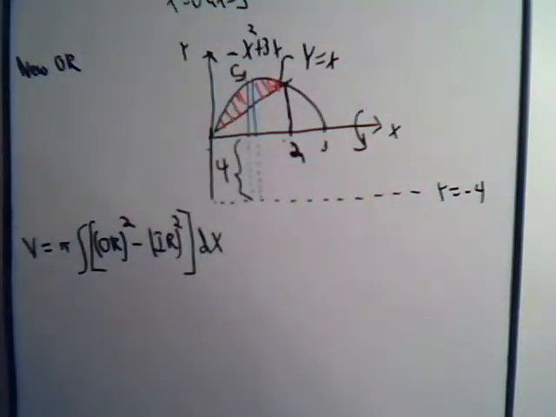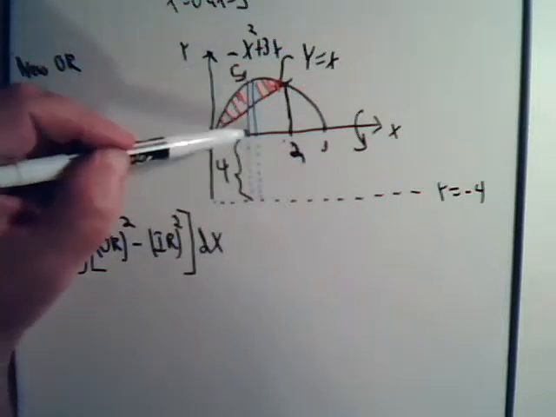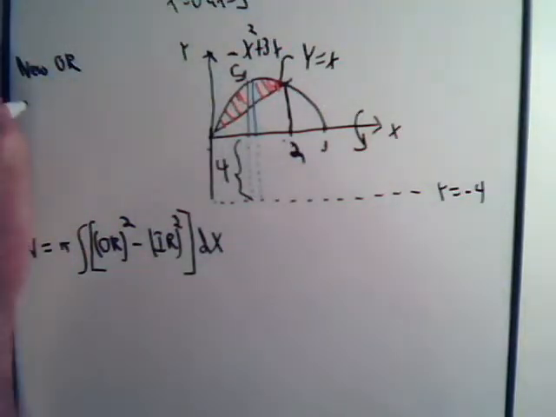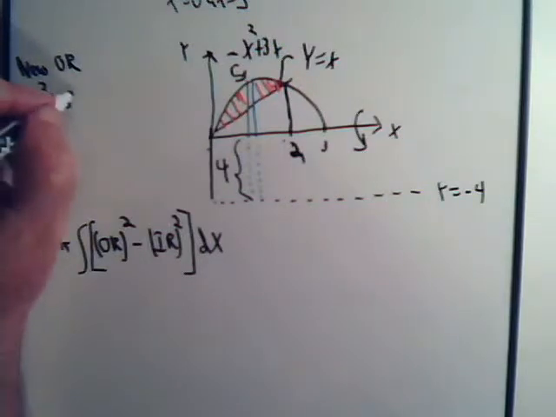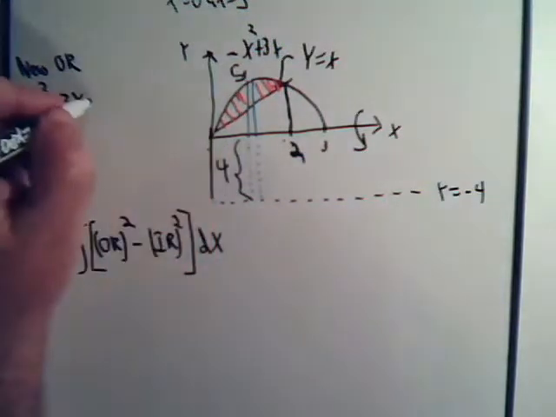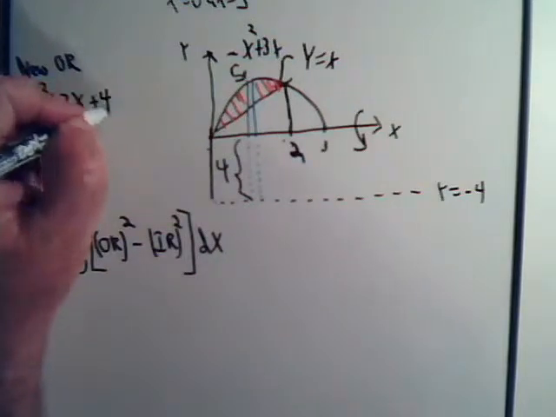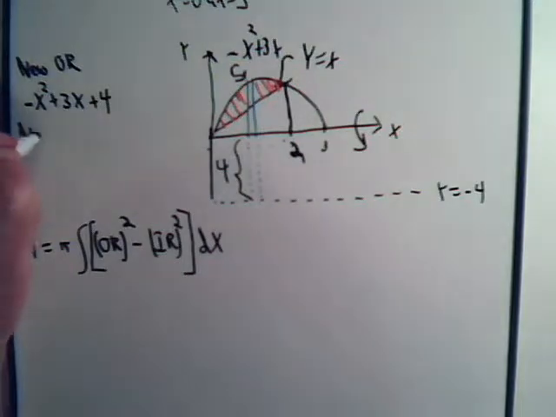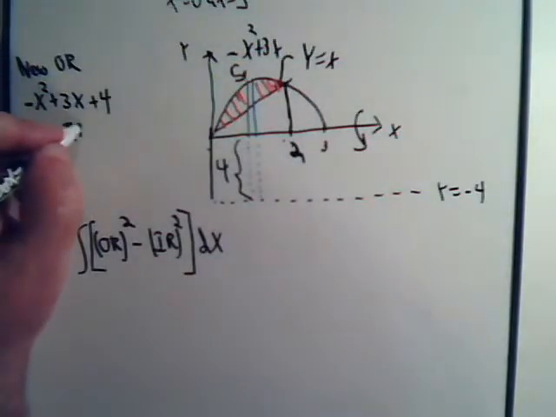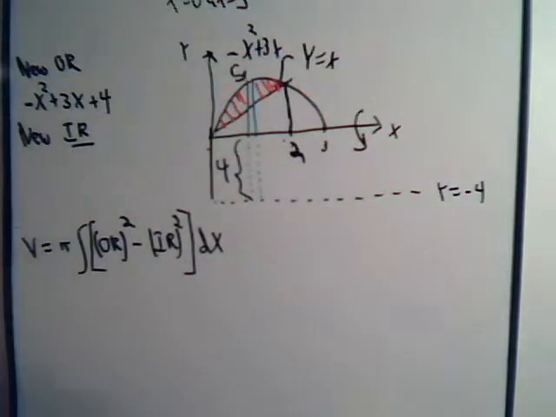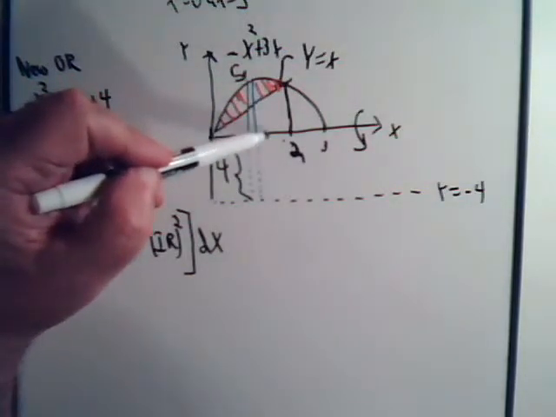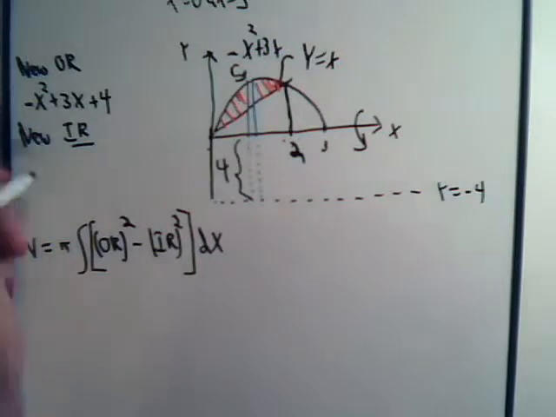So the new radius is going to be minus x squared plus 3x plus 4. And the new inner radius, that's going to be this distance, which is x plus 4.